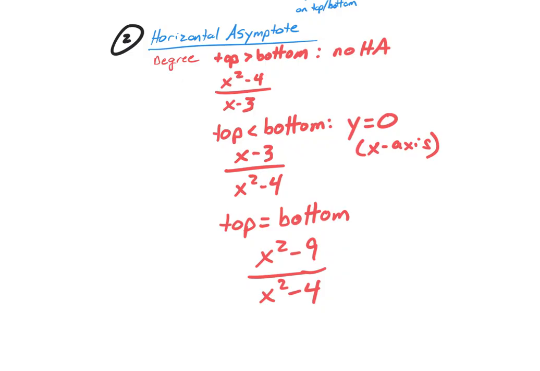So the top is equal to the bottom. And we're going to take the two leading coefficients. In this case, they're both 1. Sometimes we may have another leading coefficient there, but 1's probably the most common one that we're going to see. And we're going to divide the two leading coefficients.